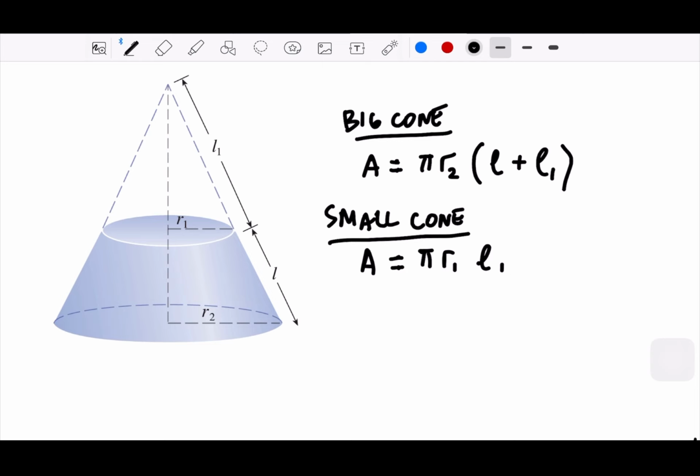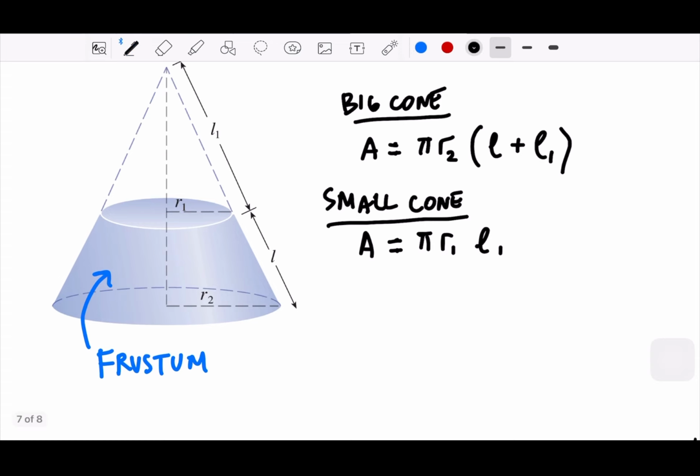Now this type of shape, this one here, is what we call a frustum. I'm not sure why they call it frustum. If you find out, let me know, I haven't looked yet.